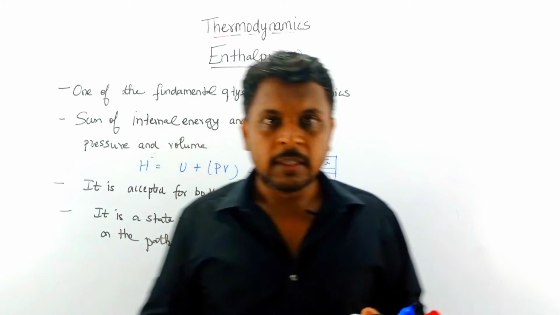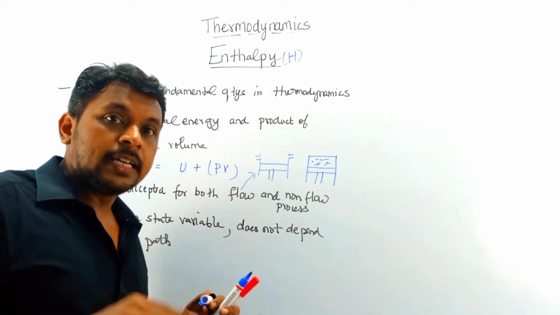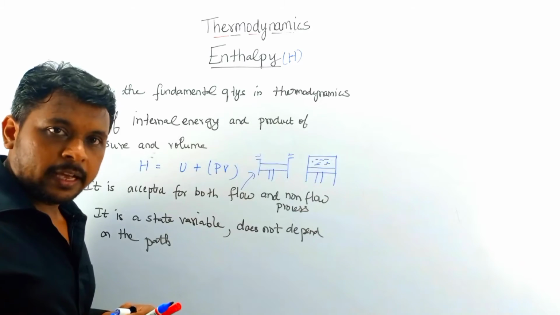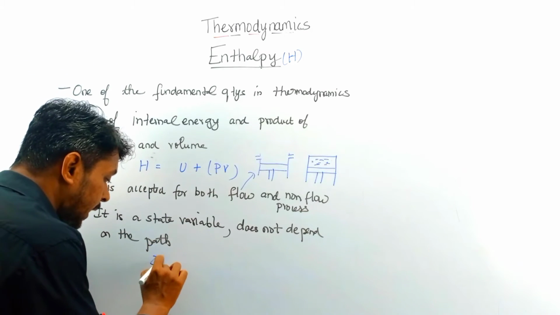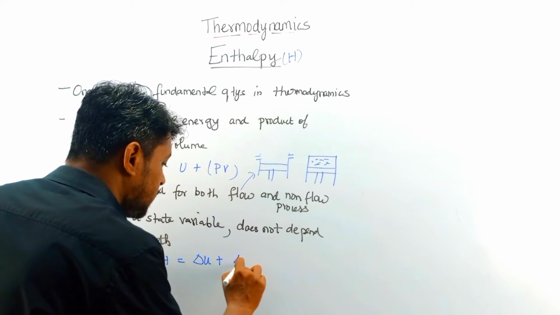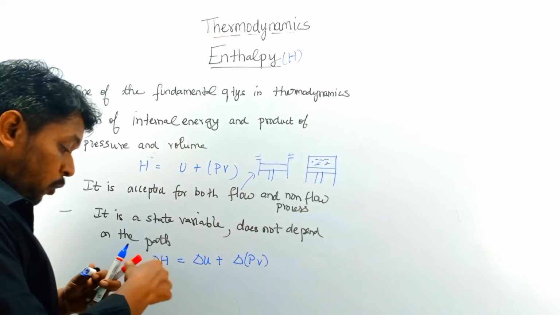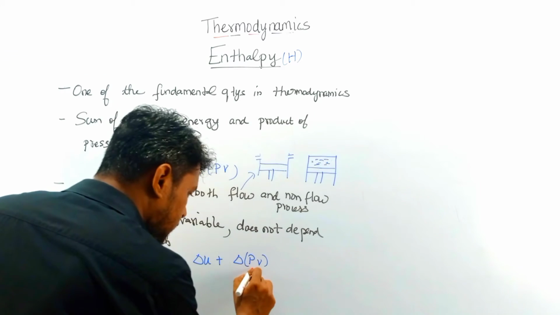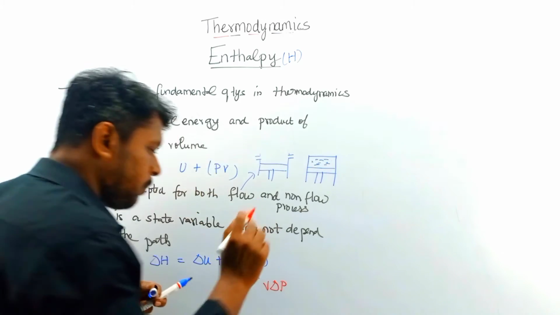So we cannot directly express H, we can express only the change in enthalpy. This change in enthalpy can be written as change in internal energy plus change in the pressure volume product. The change in the pressure volume product can be written as P delta V or V delta P.